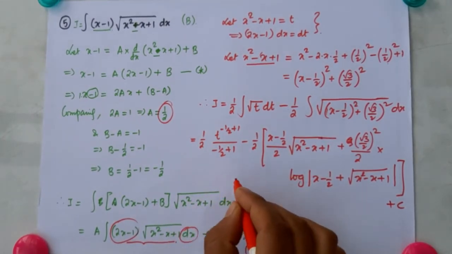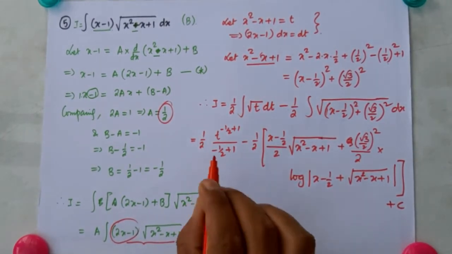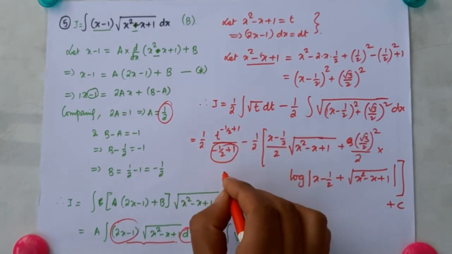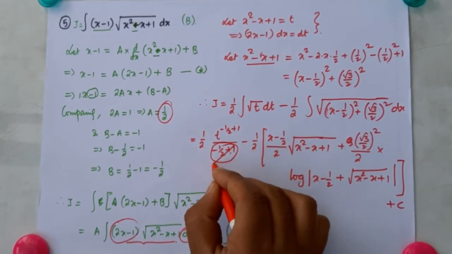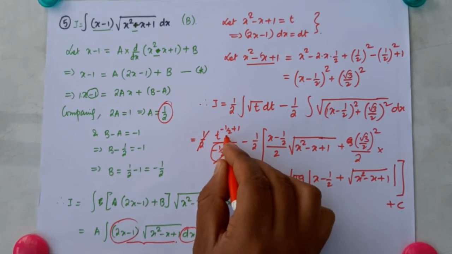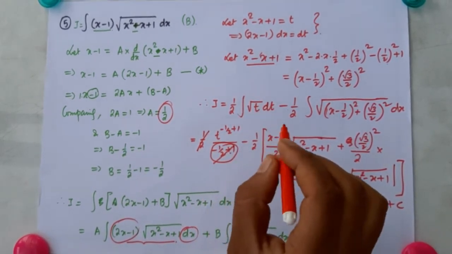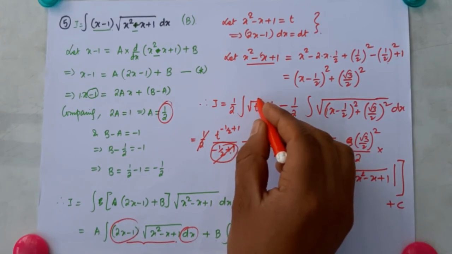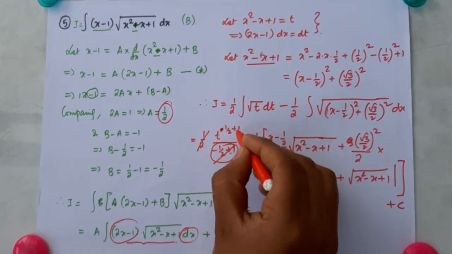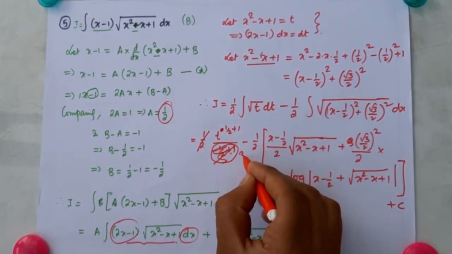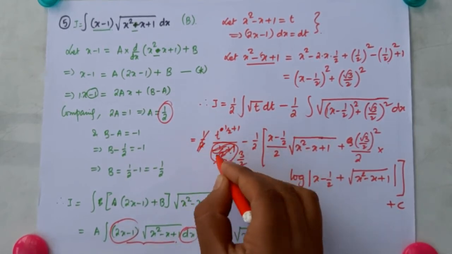After this, I don't have space here. You can do one thing. See, this is going to be half. 1 minus half is half. So half and half gets cancelled. I'm sorry, there's a mistake out here. So this is t to the power half, isn't it? So this is not minus half. So this is 3 by 2. So 2 and 2 can be cancelled.